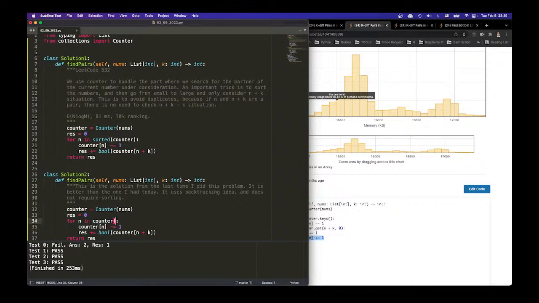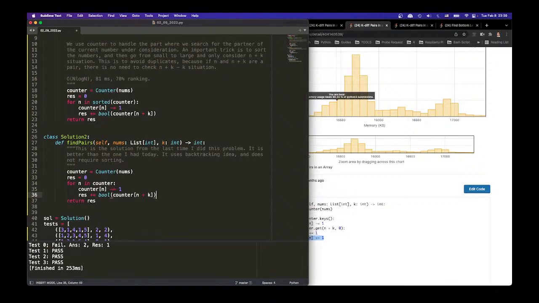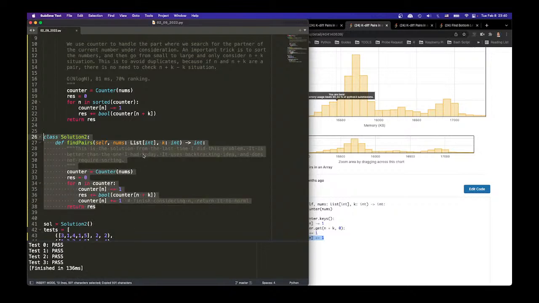So just for this, and then counter plus equal 1. Right? So finish considering and return it to normal. And because everyone only does plus, there's no risk of overlapping. Yeah, this is better.